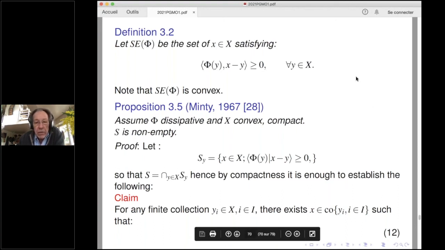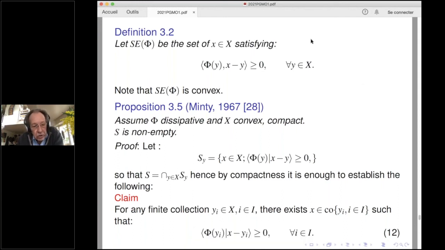In fact, I will even prove more. I will prove that for every finite collection y_i, there exists x in the convex hull of the y_i satisfying this. So this will prove the property that SE of φ is non-empty.